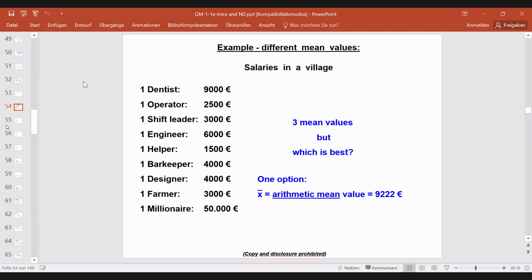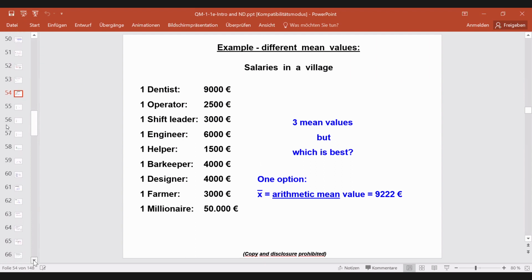An example, you can have different mean values in the analysis of a measure. The most popular mean value is the arithmetic mean value, but not in every case it makes sense to use the arithmetic mean value.